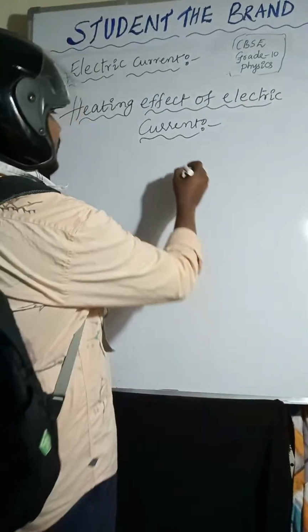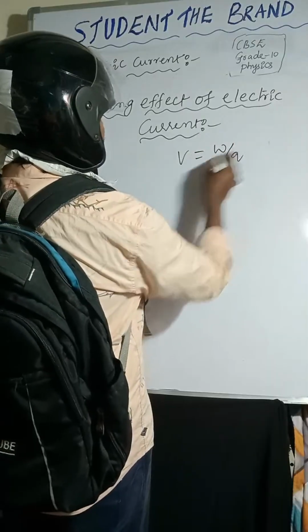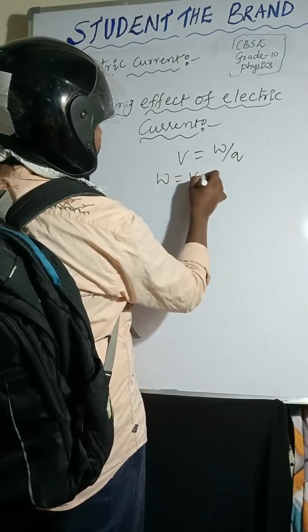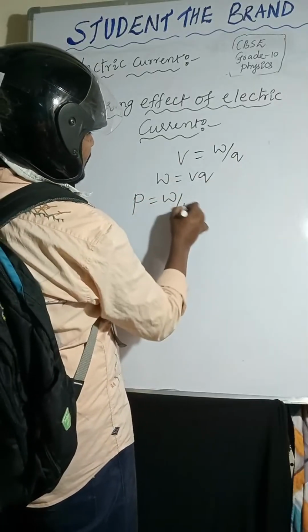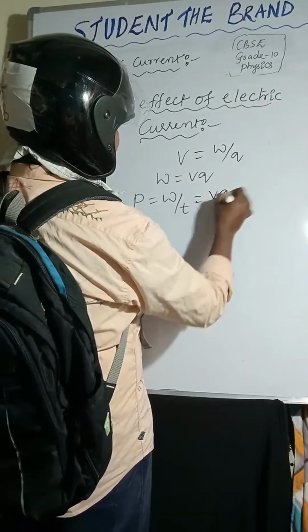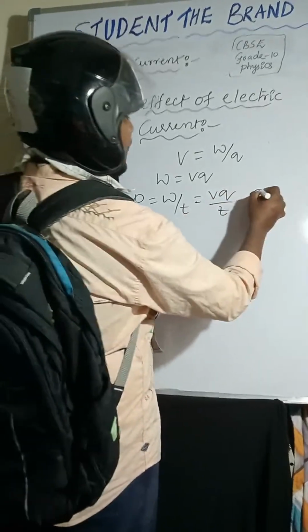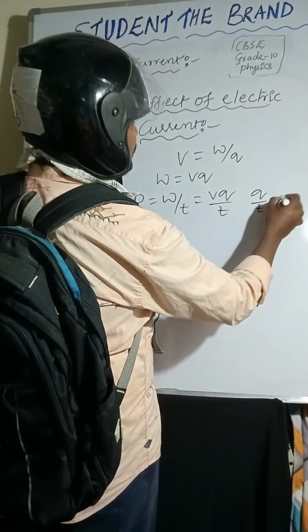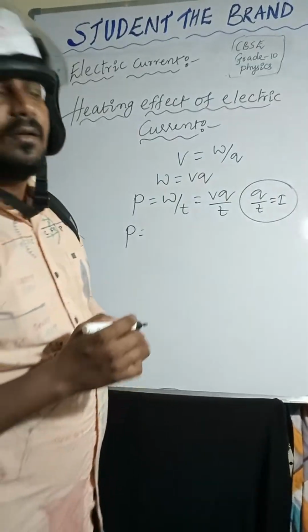Joule's law of heating. So V equal to W by Q. W equal to V into Q. So P equal to W by T, that is VQ by T. So we know Q by T is I. Yes or no?